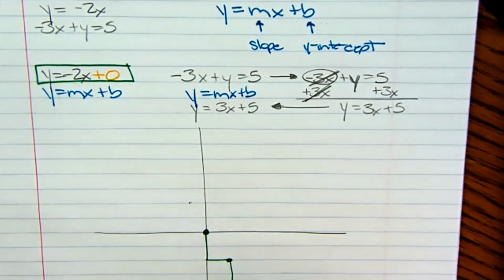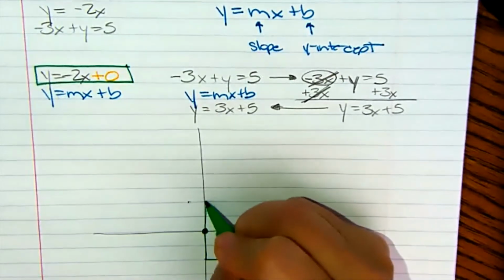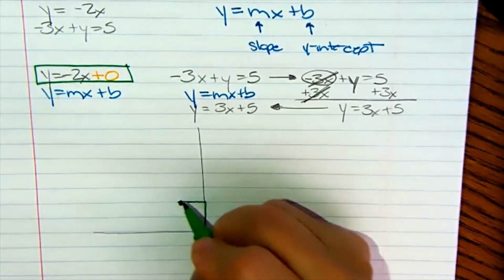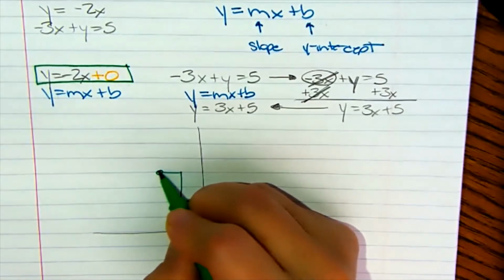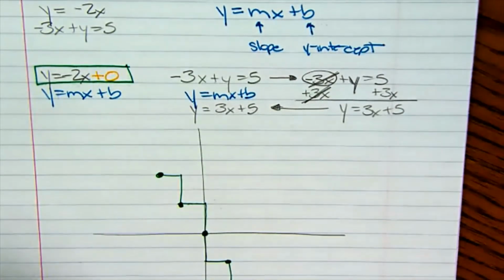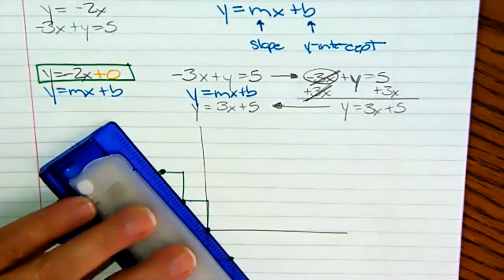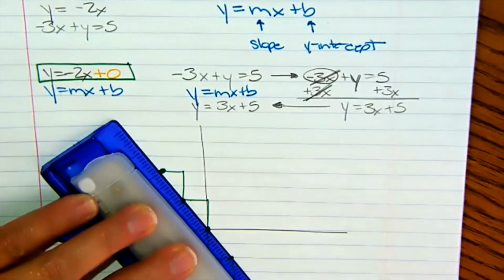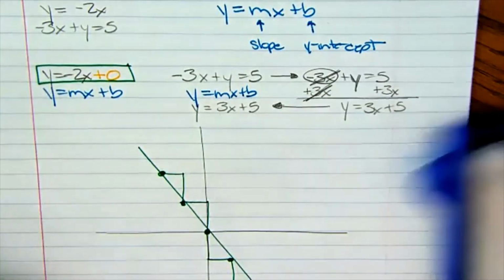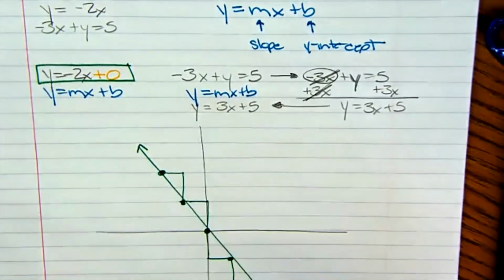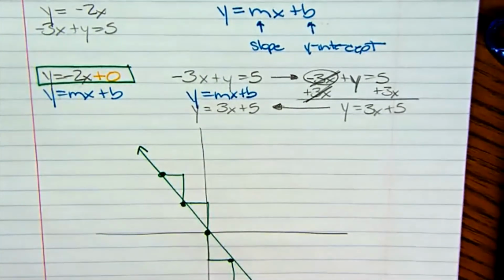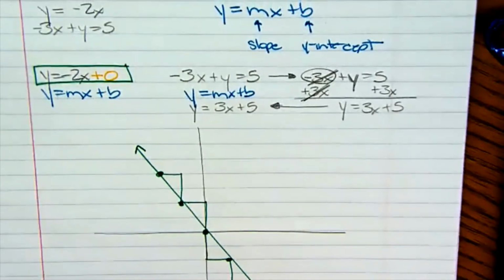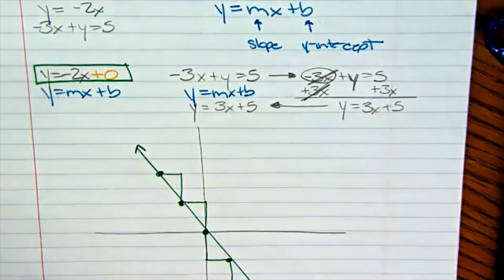Down 2 over 1. And you know what? I'm going to go in the other direction just for good measure. So this green line represents this equation.